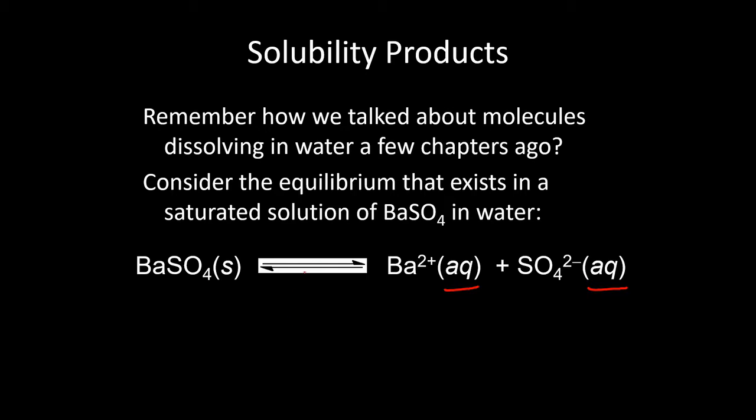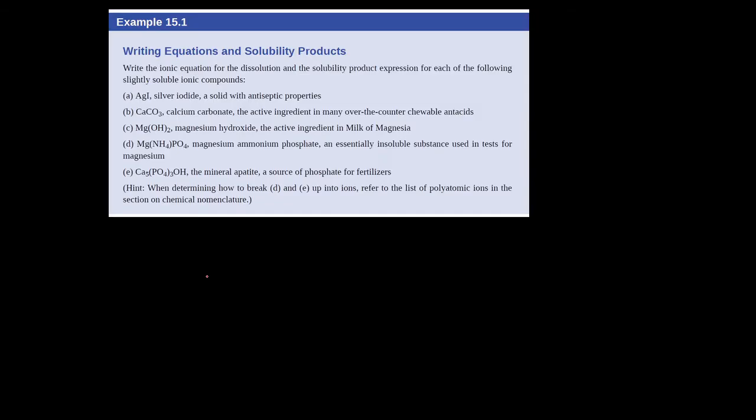So we have an equilibrium that exists here in these solubility type reactions. In this particular reaction, we have barium sulfate that is dissolving and turning into barium 2+ and sulfate in solution, and those are going back to being barium sulfate solid as well.